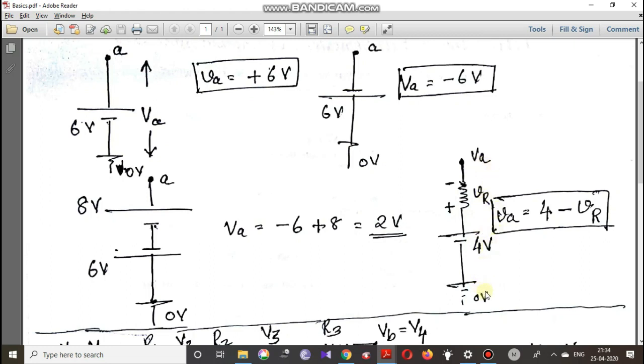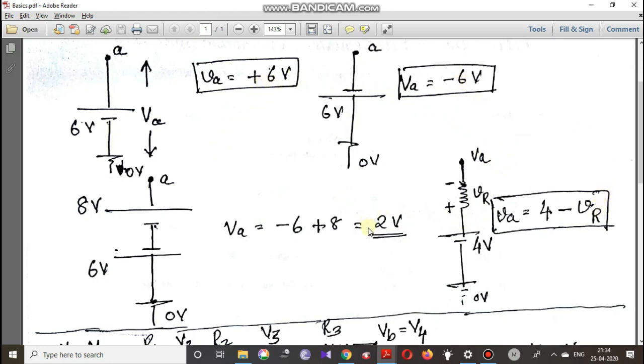As told earlier, when you go from the ground to VA, here we are going from negative to positive, so it's plus 4, and when we are going up from plus to minus, it is minus VR. So VA is equal to 4 minus VR. This is how we can write the different node voltages.